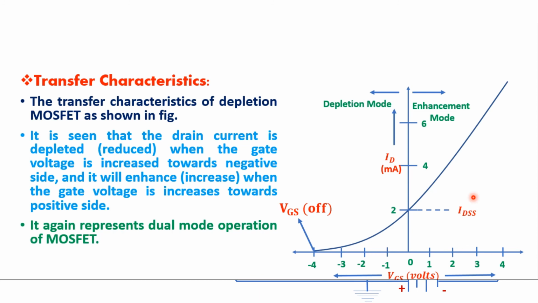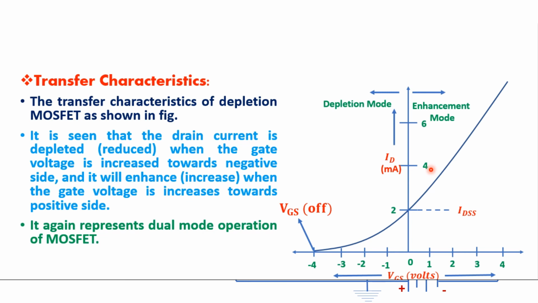That means a transfer characteristic is a graph between the input gate to source voltage and the corresponding drain current, that is ID, for a constant value of drain to source voltage, that is VDS.